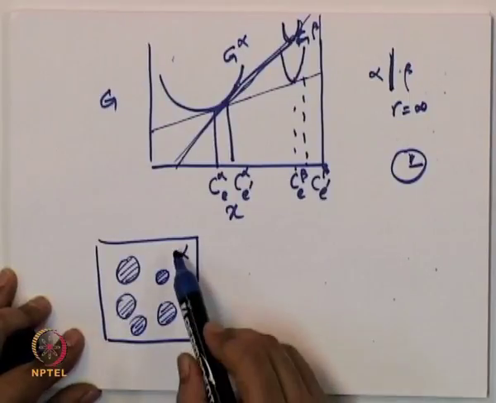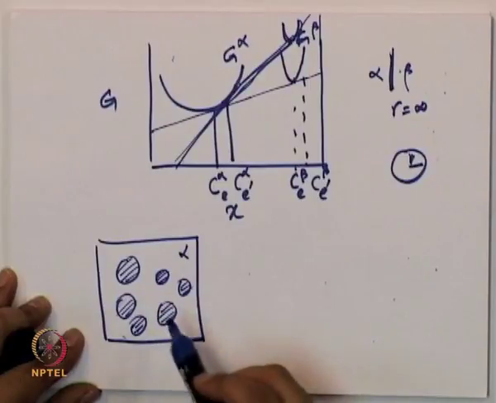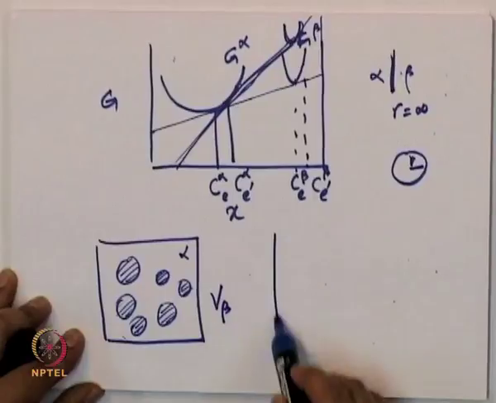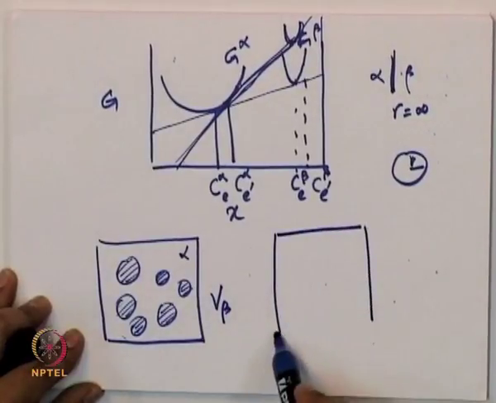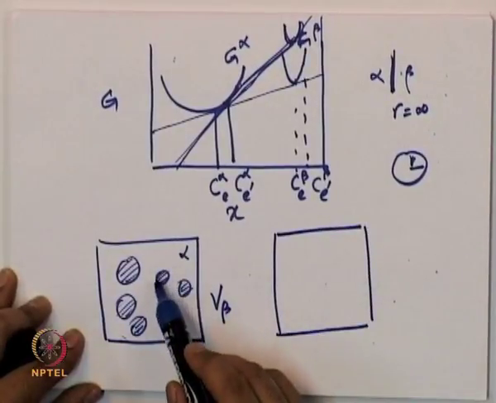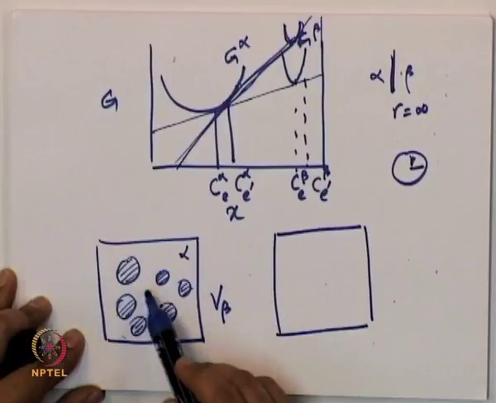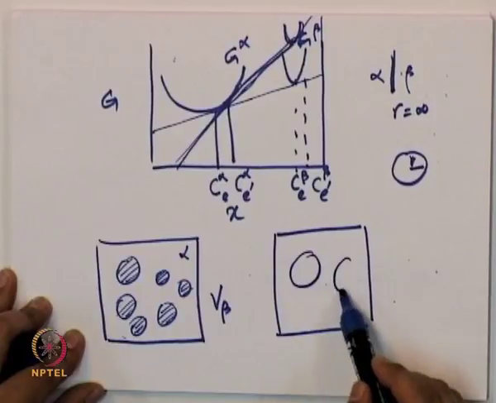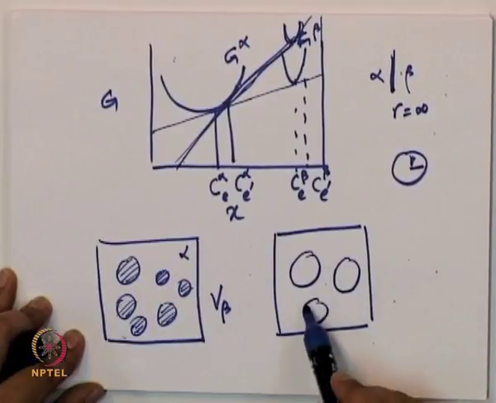So, the volume fraction of the beta precipitates, suppose the volume of beta is V beta, then as time proceeds the smaller precipitates disappear, the bigger ones grow at the cost of smaller precipitates, and you get a few big precipitates.